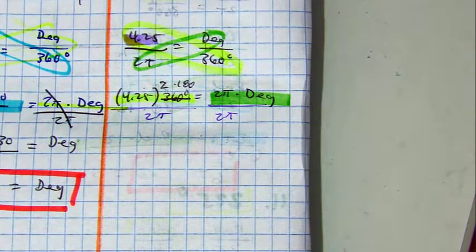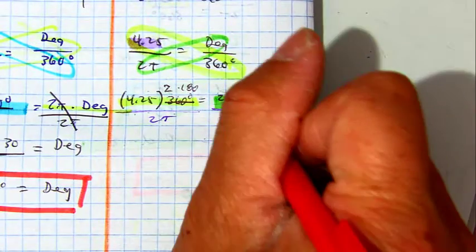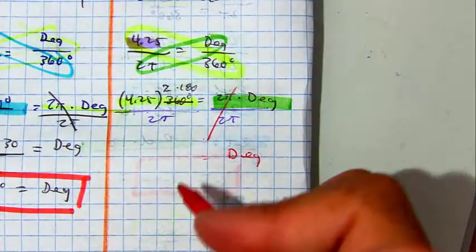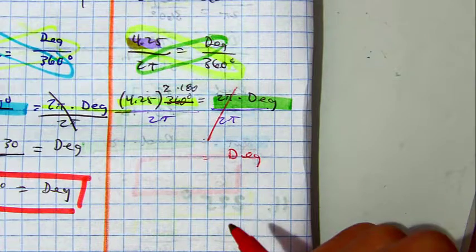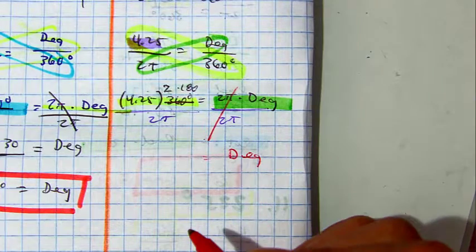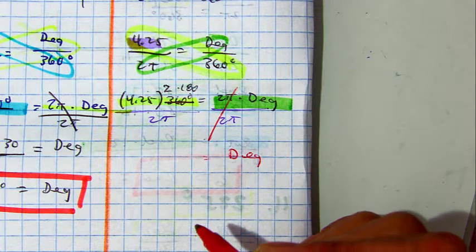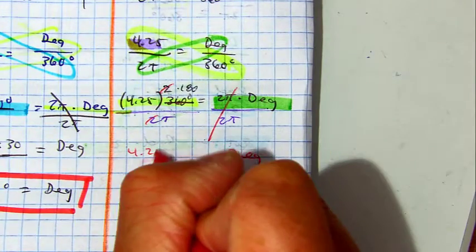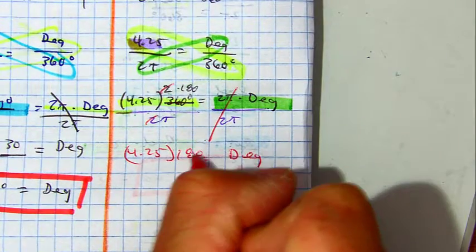Sebastian, what do I have on the right side? Degrees. And on this side? Is there anything you can cancel based on what Alexa said? Yeah, the 2's. So I have 4.25 times 180 all divided by pi.